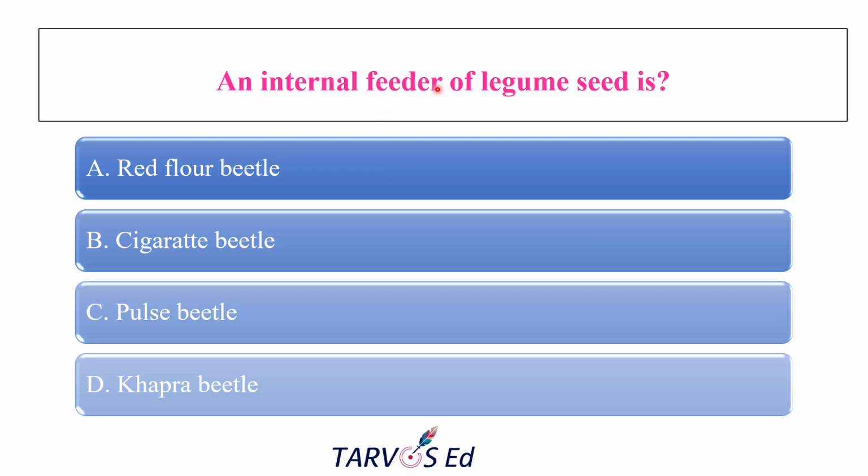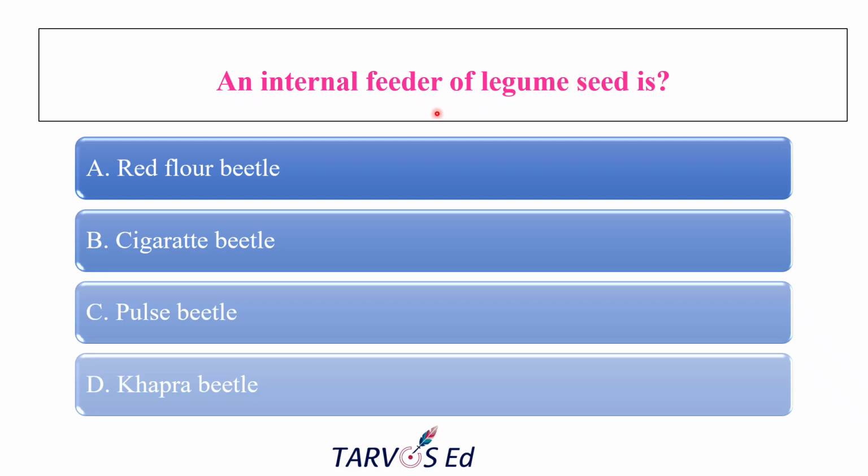External signs are very minimal until the adult emergence. Once the adult has emerged, we can barely see the hole. There will be some exit hole found in the seed. And external feeder means those pests that mainly feed on the outside of the grain, by scraping or chewing the grain surface, and most of the time they live outside the seeds.